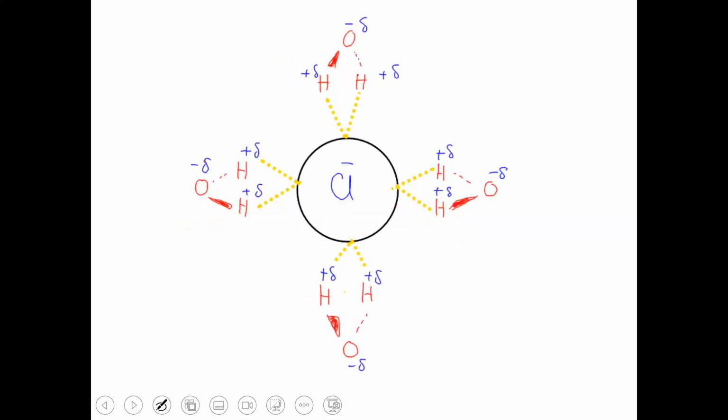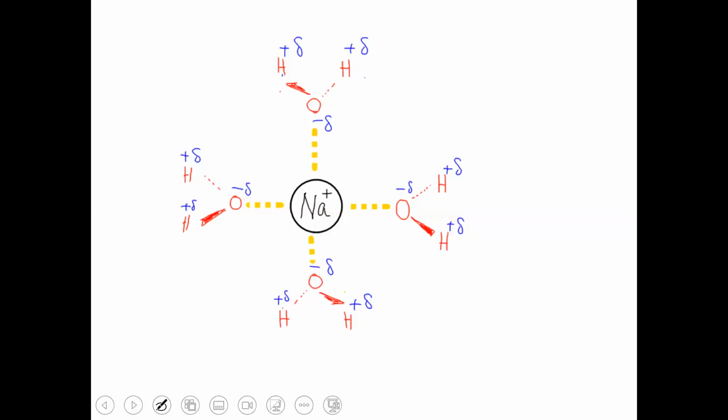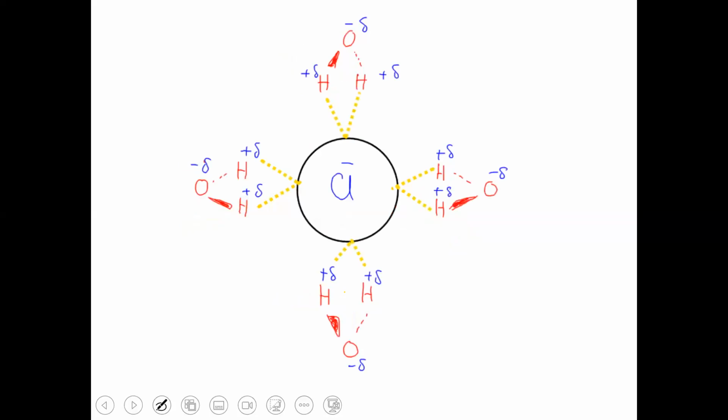Now, look at this chlorine. Do you remember that sodium and chlorine were very famous in O level because of the compound sodium chloride? In that ionic lattice of sodium chloride, sodium is a relatively smaller ion because it is a positive ion, and chlorine is a relatively bigger ion. Look carefully, water molecules are also surrounding chlorine. But this time, water molecules are using their H poles.